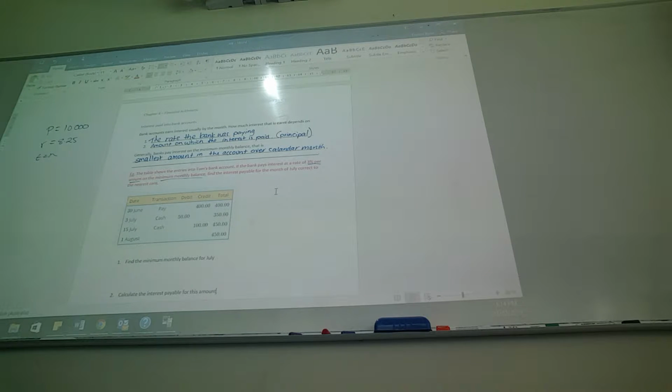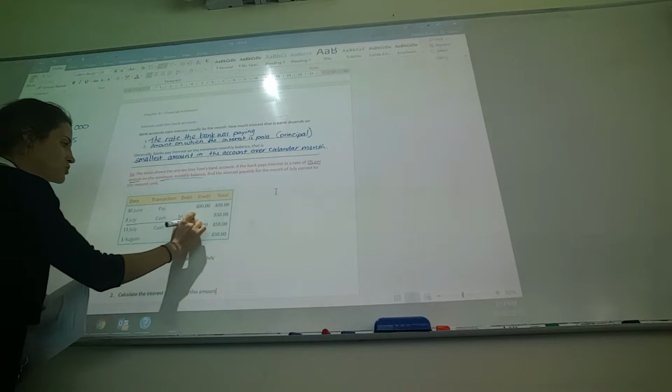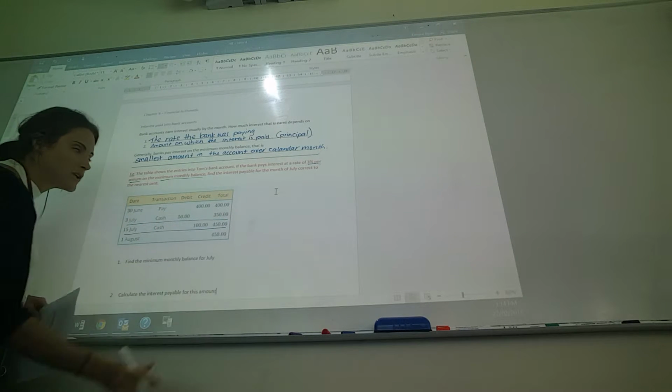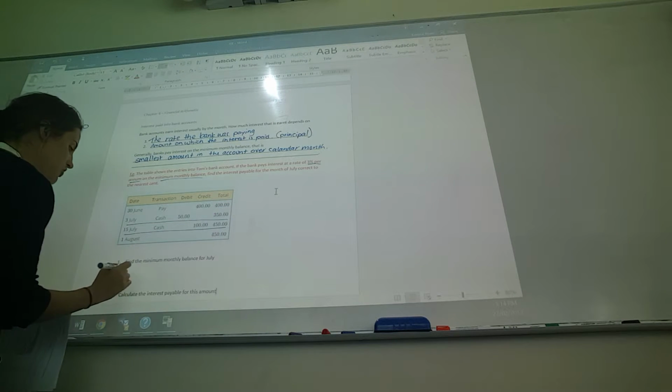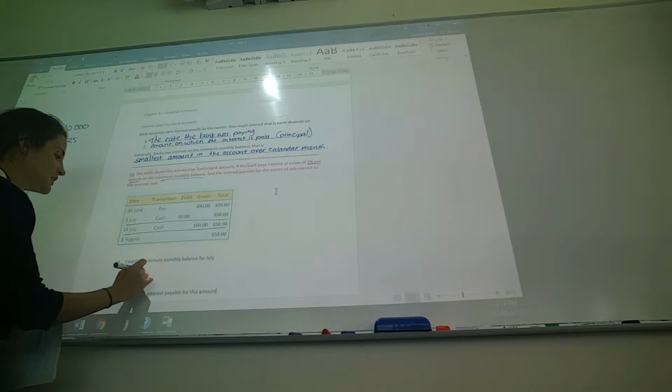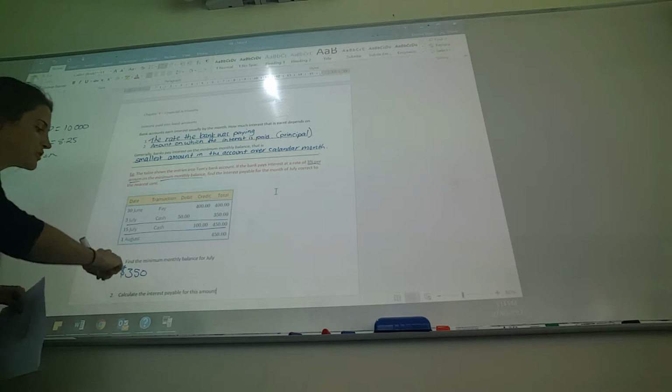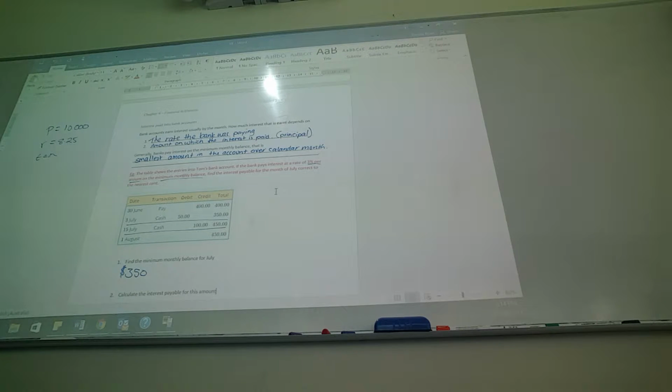So the first thing we need to do is find out the minimum monthly balance for July. Look at the ones that are in July; we've only got 2 that are in July. What is the smallest amount? 350. So this is what we're going to calculate our simple interest on, because it's the smallest and we've been told that it's the minimum monthly balance, so the smallest balance in the bank account throughout that month.